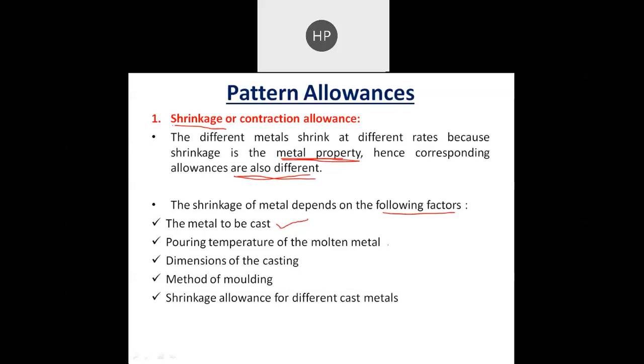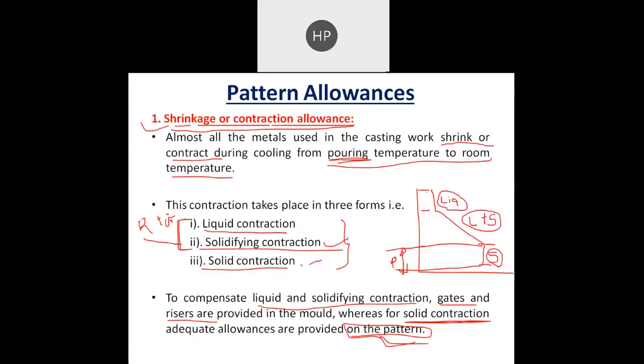Then the pouring temperature of the molten metal, at which temperature we are pouring it. It is also important because it plays an important role in the liquid contraction. If we melt that metal at a very high temperature and then pour it, its shrinkage will be different, and if we pour it at a lower temperature, its shrinkage will be different.